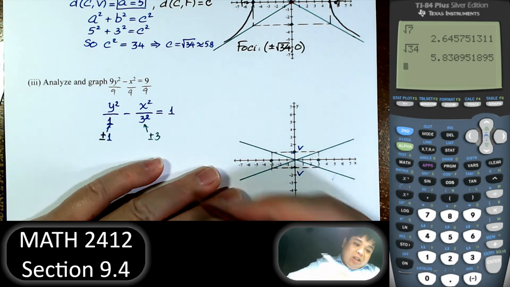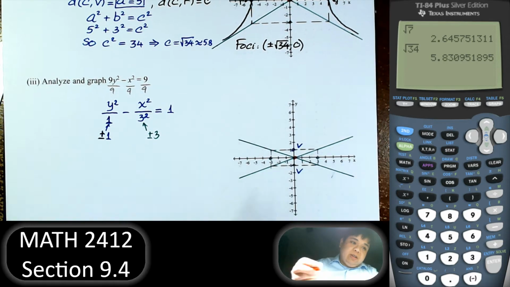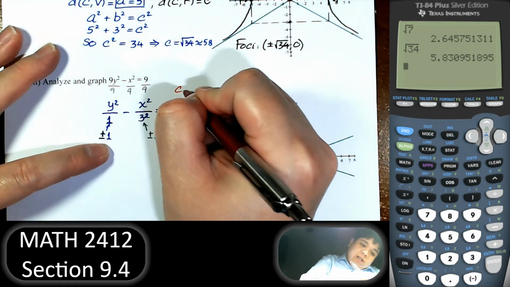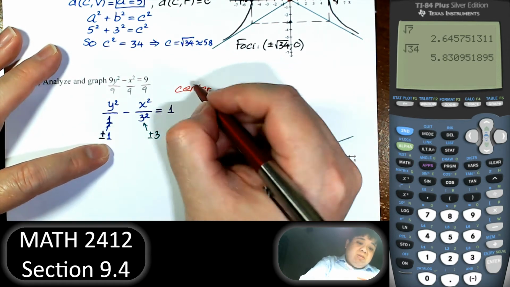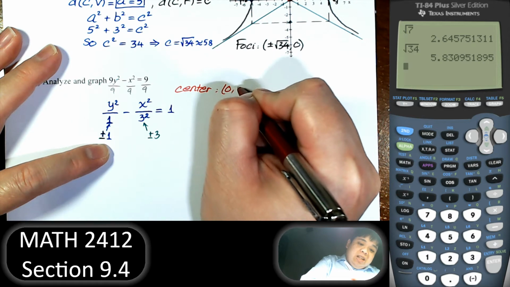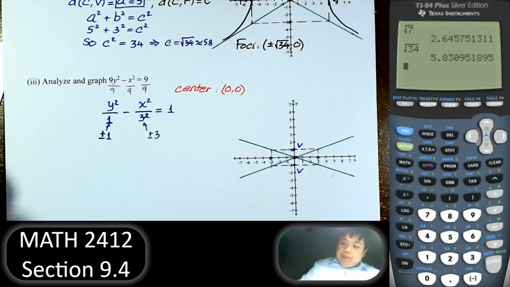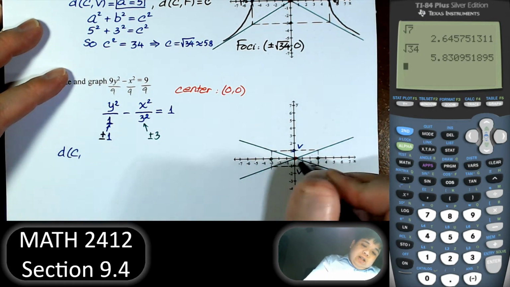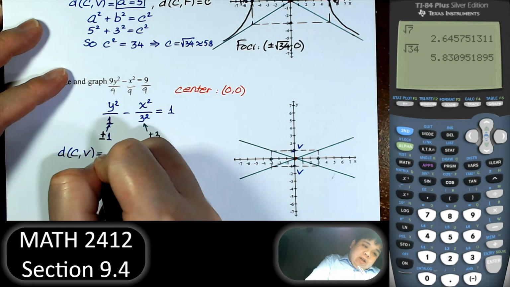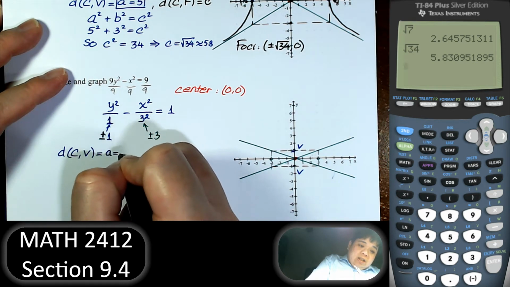By the way, the center in this case is still 0, 0. If we have y minus something, x minus something, that would be something else. But in this case, the center will be 0, 0. Right. The distance from the center to a vertex is equal to a, and this is equal to 1.